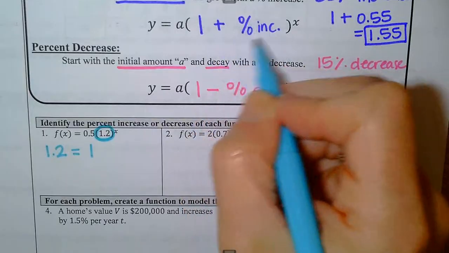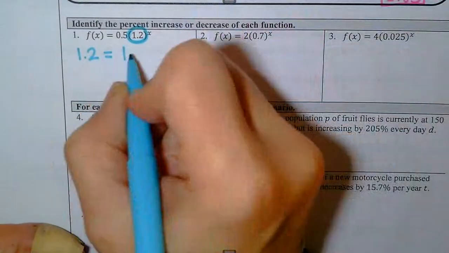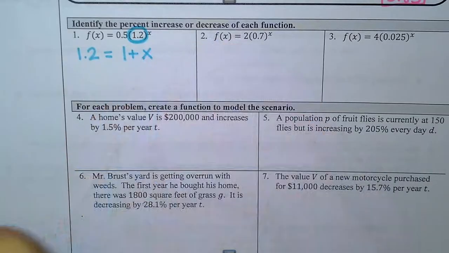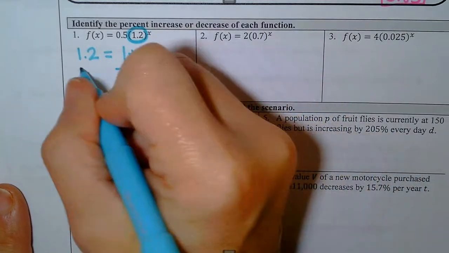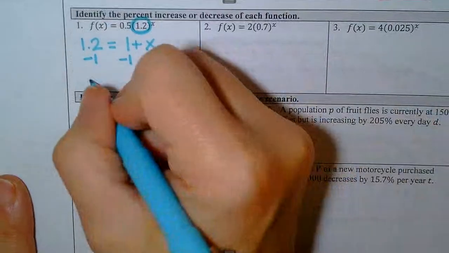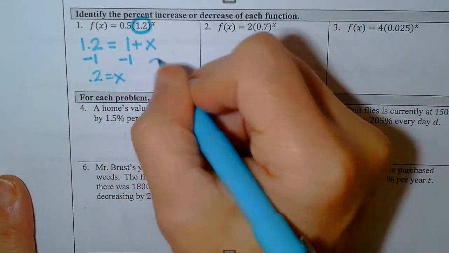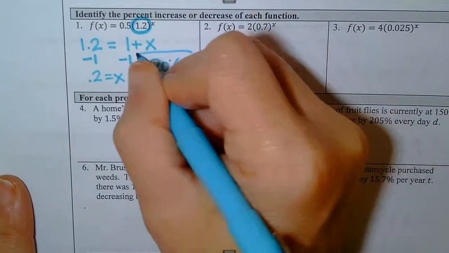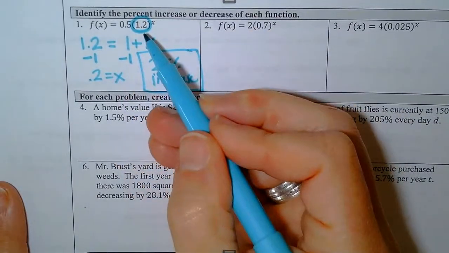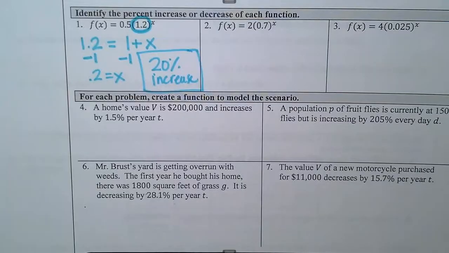Instead of a percent increase, because that's what I'm trying to find, I would put an X there. Are you with me so far? So 1.2, I'm going to set it equal to 1 plus X. If I minus 1, 0.2 equals X, so that's a 20% increase, which you could kind of tell because it was above 1. It was 20% above 1.